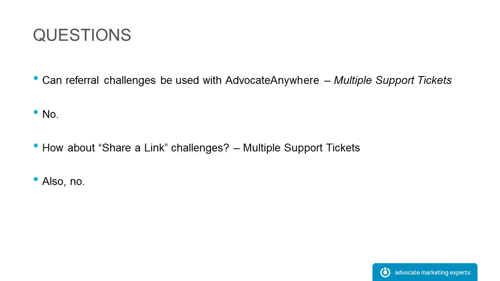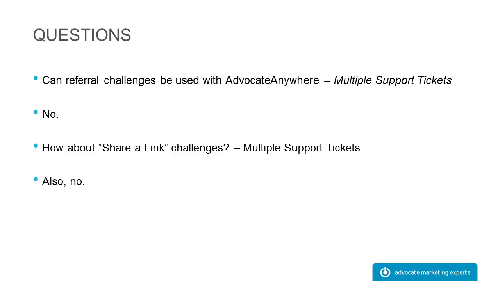Oh, Michael, sorry. Michael asks, how do you send the challenge to just one advocate through AdvocateAnywhere? That is definitely possible. It's through the same targeting interface as any challenge. You can just choose that one advocate, but that advocate would also have to show up on the page where AdvocateAnywhere is appearing.